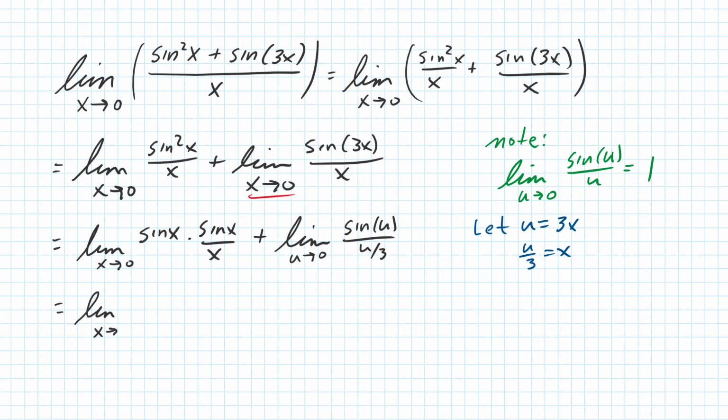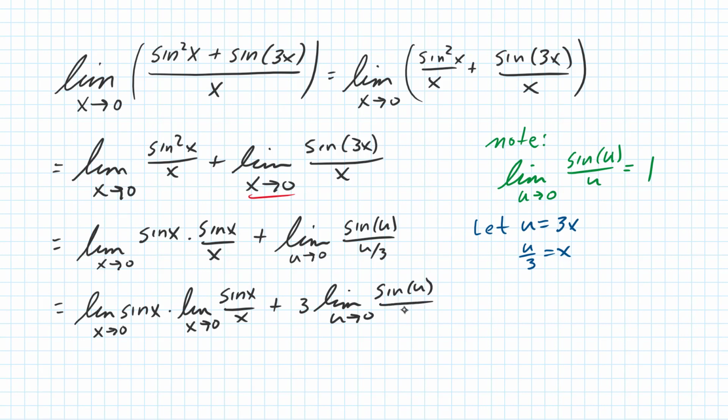As x goes to 0, we'll pass the limit across this multiplication of sine x times the limit as x goes to 0 of sine x over x plus, well, here I can reciprocate that and then factor out the 3. So 3 times the limit as u goes to 0 of sine of u over u. Awesome.